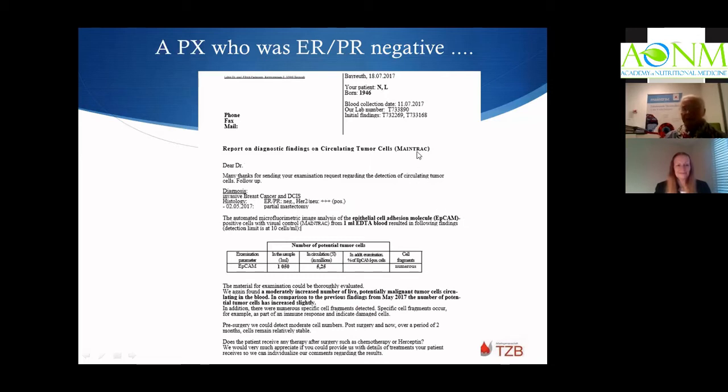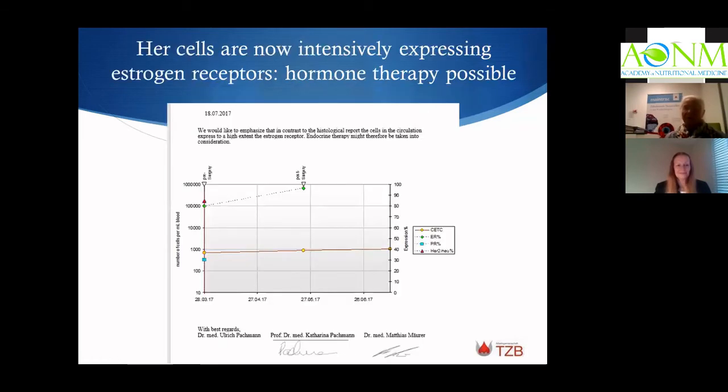But we tested the circulating cells to be positive for these receptors, and indeed the cell numbers remained very nicely stable over a long time. That's just the time when we tested it. So if they are treated correctly, they can be stable cell numbers or decreasing cell numbers even years after the tumor has been removed.